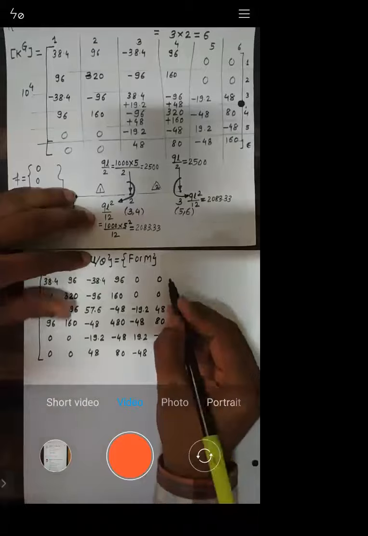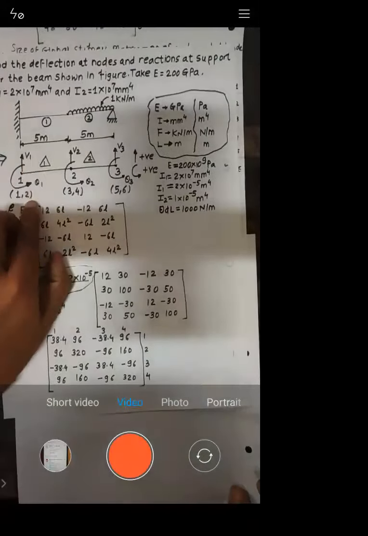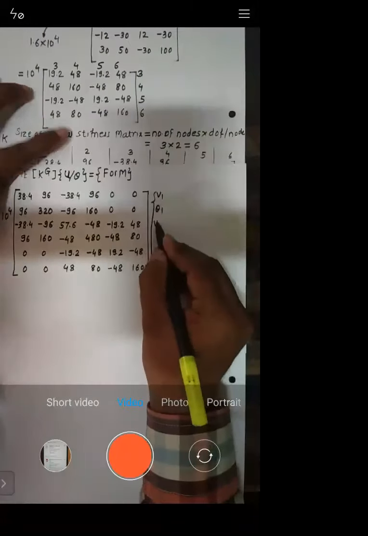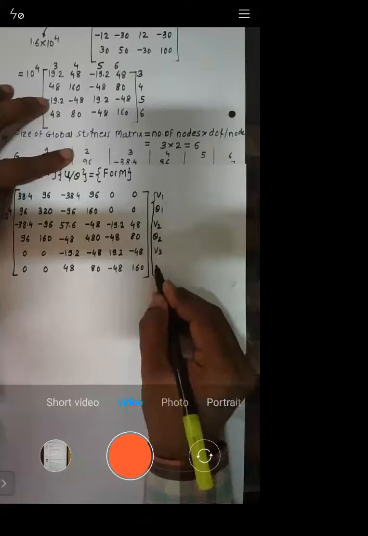This is the global stiffness matrix. This is to be multiplied by displacements. Now, if you can see in the problem, displacements are v1, theta 1, v2, theta 2, and v3, theta 3. So I need to write down accordingly.